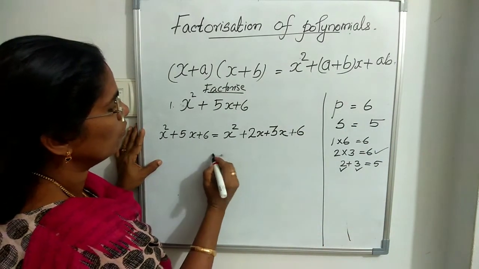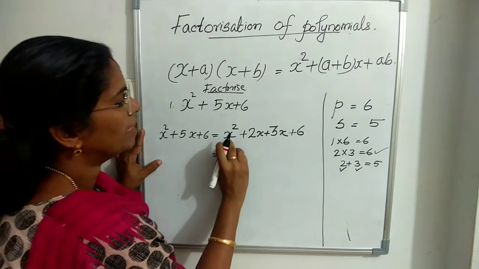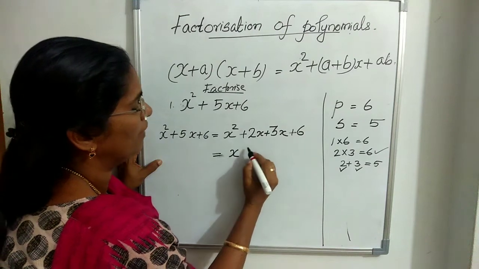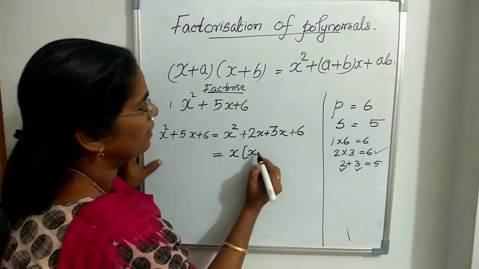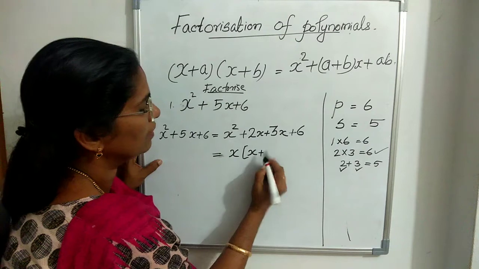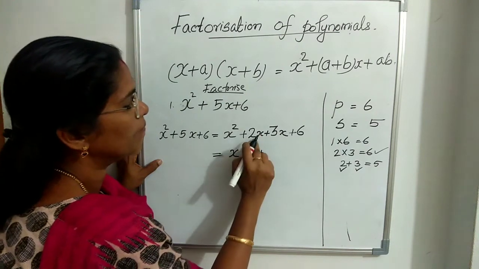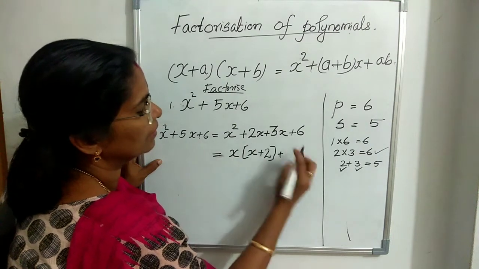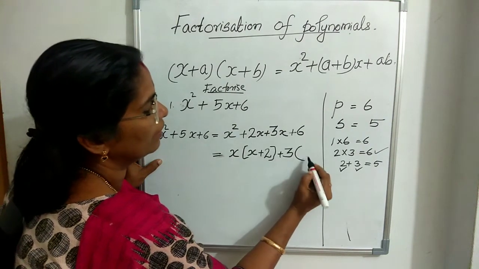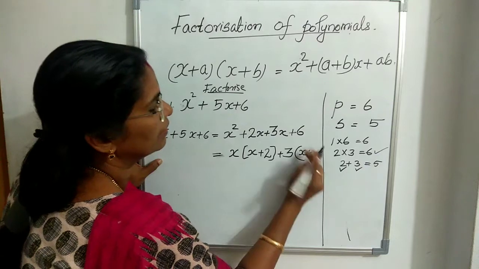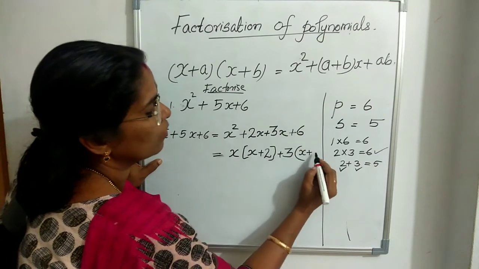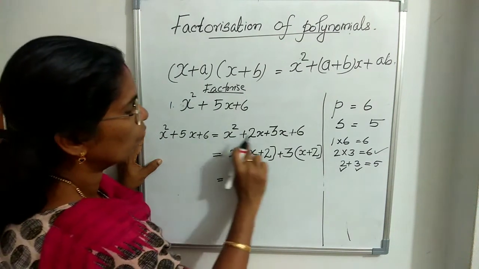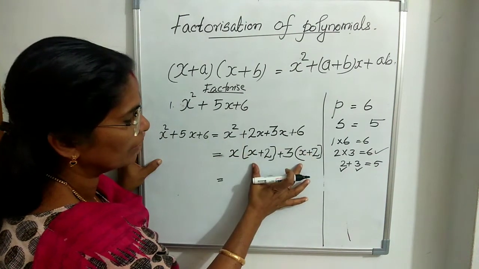Now we take what is common in the first two terms. Here x is common, and x is remaining; x we have taken outside, balance 2 only, so we write 2. Next, 3 we can take common: x is here, and from 6, taking 3 common, 2 is the balance. Now these four terms become two terms.